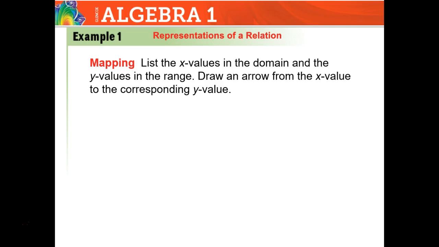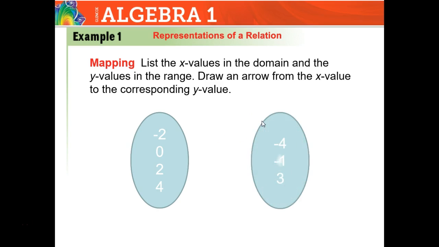Okay, and then the third way we listed our domains and ranges as relations was a mapping. A mapping is where you have a bubble on the left that represents the domain. And I listed these in order from least to greatest. And then you have a bubble on the right to represent the range.